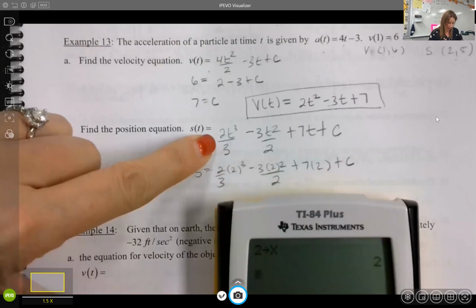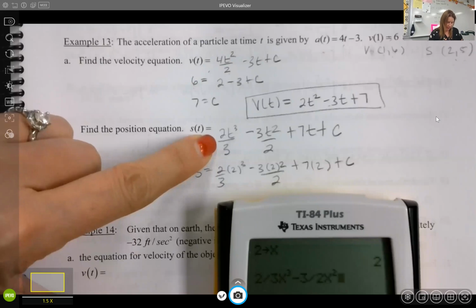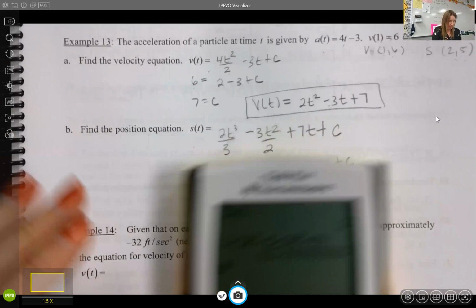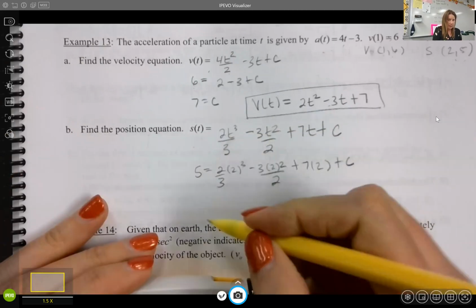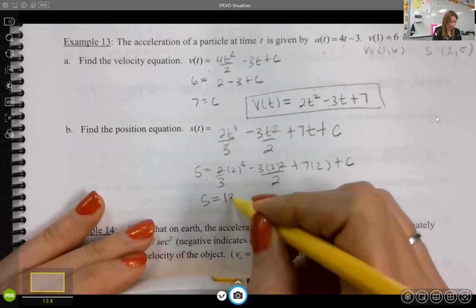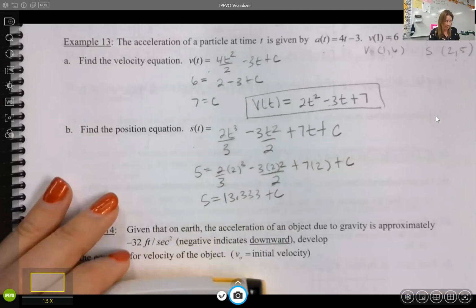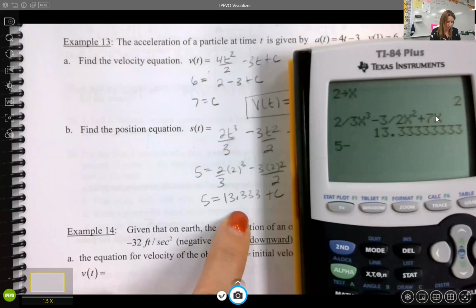So 2/3 x to the third minus 3/2 x squared plus 7x. Okay, so I'm just storing 2 in there, and that gives me 5 equals 13.333 plus c, and then I'm going to subtract the 13.333 from 5.